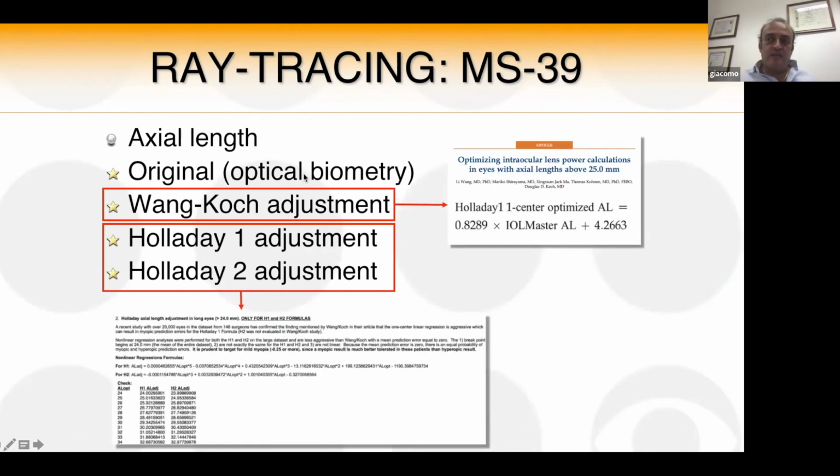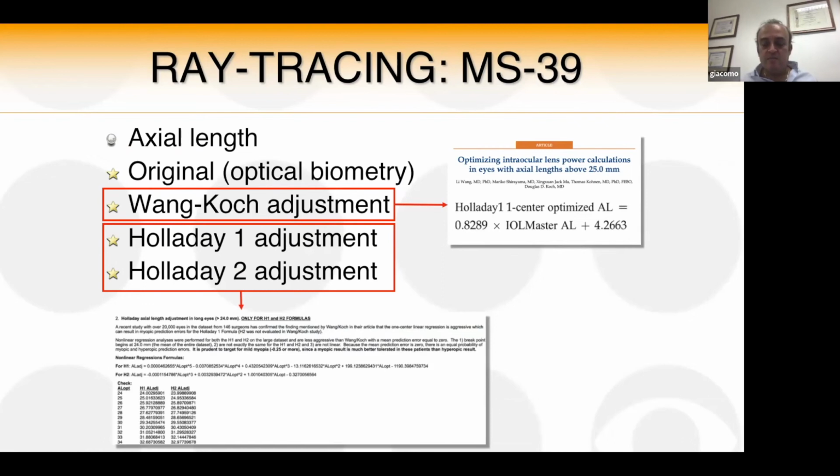When you enter the axial length by any optical biometer in long eyes, we know that we have the problem of overestimation. You probably heard about the Wang-Koch adjustment for myopic long eyes.